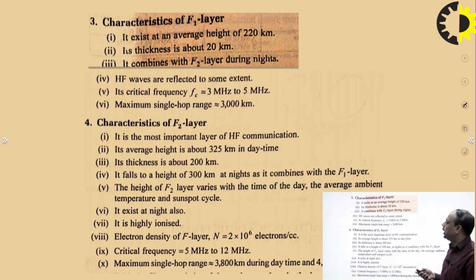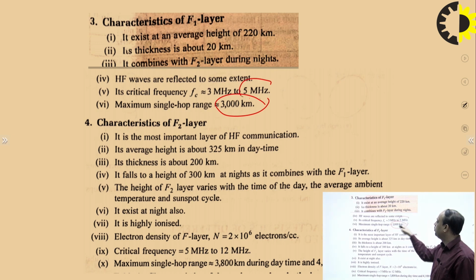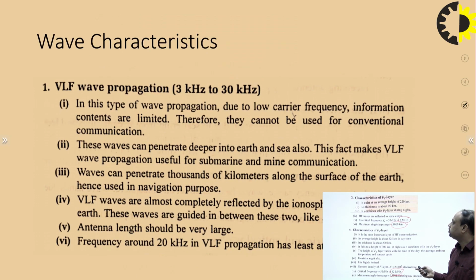This is the F1 layer, which is again above the E layer, and it covers up to 500 kilometer with a maximum frequency of 5 megahertz. And the uppermost layer, that is the F2 layer, covers 3800 kilometer, that is almost the two opposite points of the earth, and the maximum frequency is 12 megahertz.